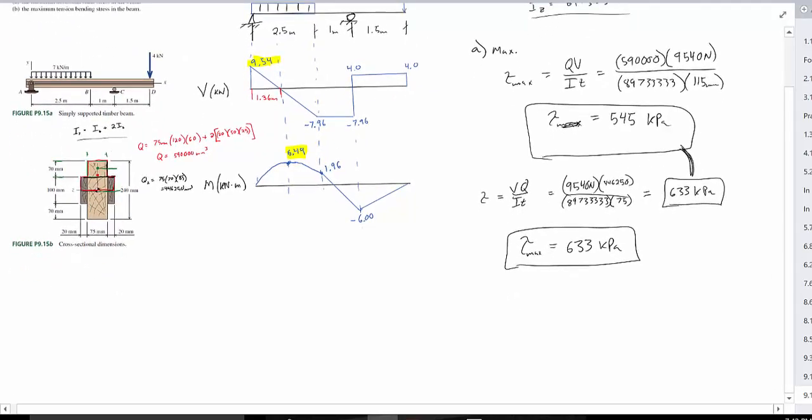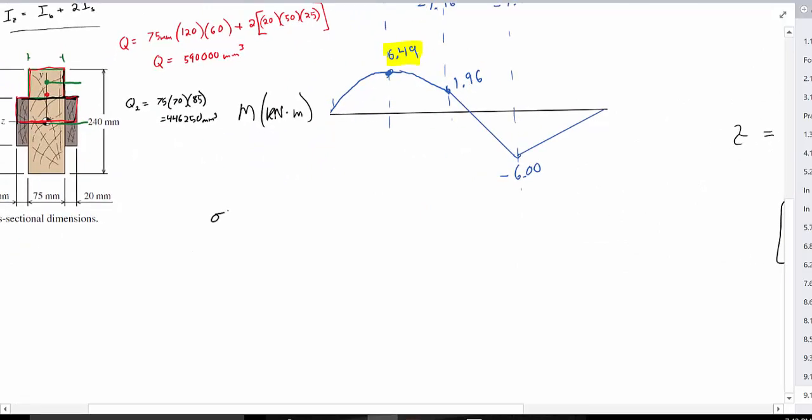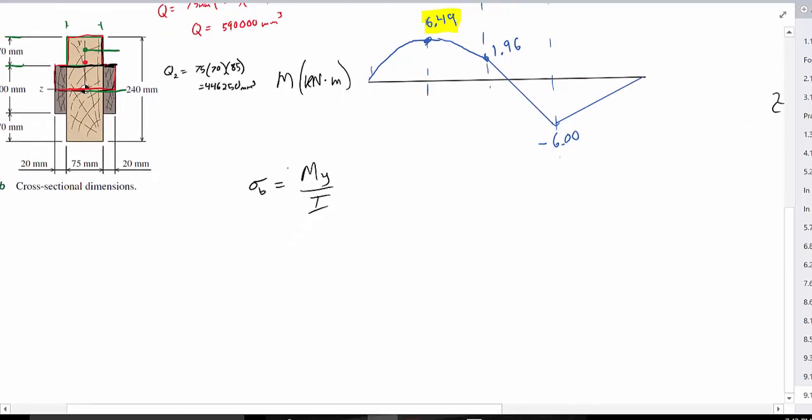Okay, so for the max tension bending stress, if you remember, our bending stress is going to equal My over I. The maximum moment is 6.49 kilonewton meters. Our y distance will be the furthest y from the neutral axis, so 120 millimeters.